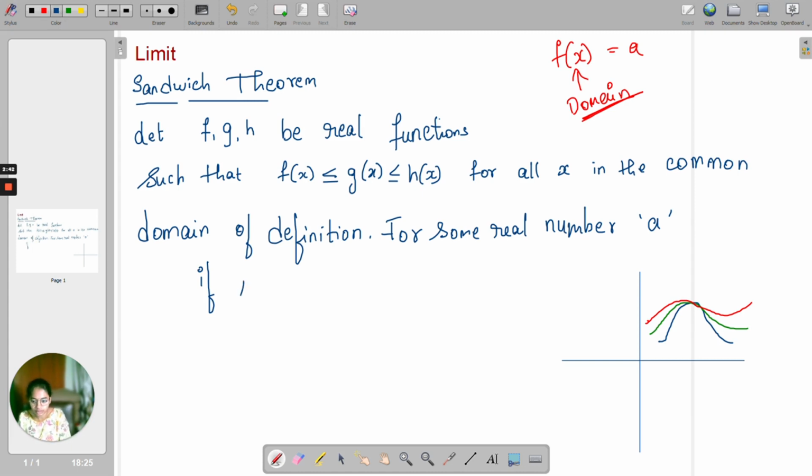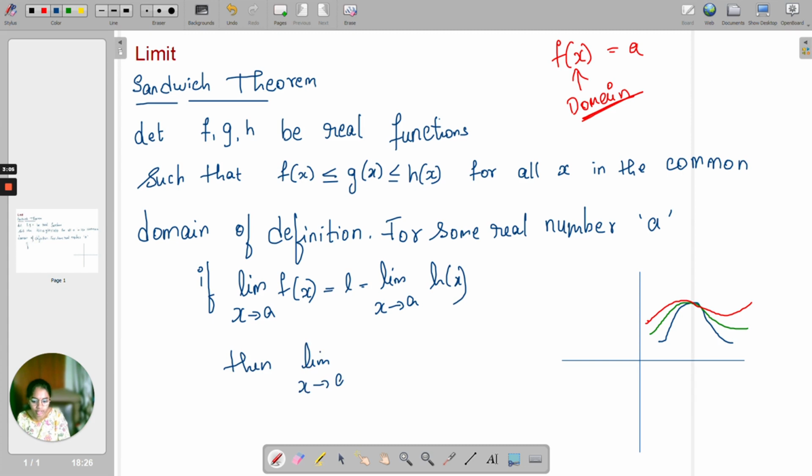Now for some real number a, if the limit as x tends to a of f of x is equal to L, and this is equal to the limit as x tends to a of h of x, then the limit as x tends to a of g of x would be equal to L. This is what the sandwich theorem states.